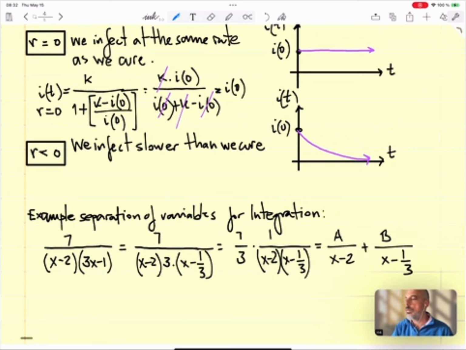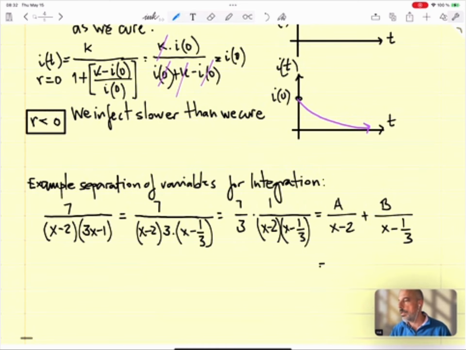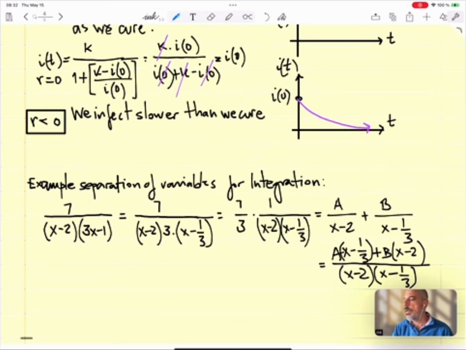So this equals a times (x minus 1/3) plus b times (x minus 2), divided by (x minus 2)(x minus 1/3). So 7/3 equals a(x minus 1/3) plus b(x minus 2).